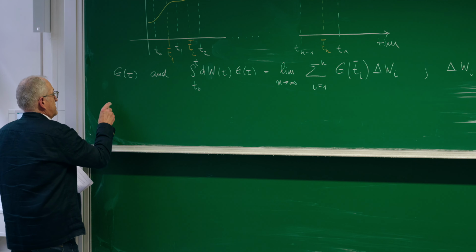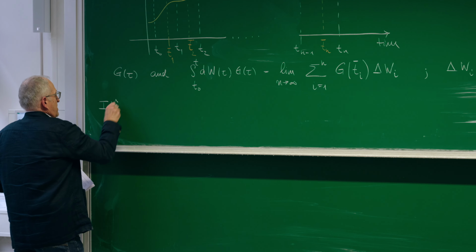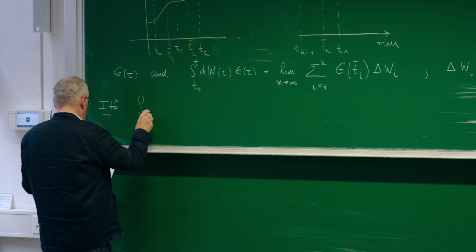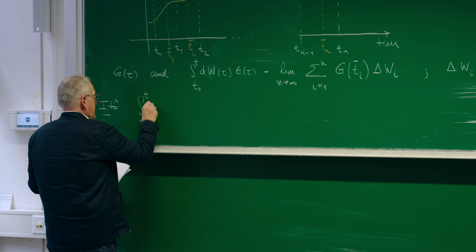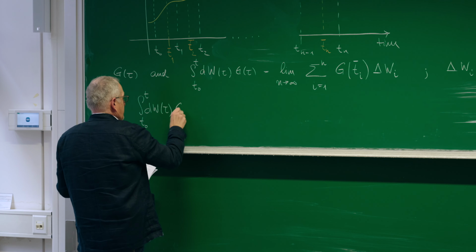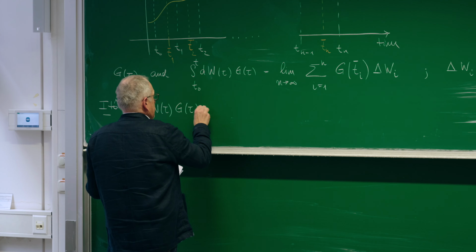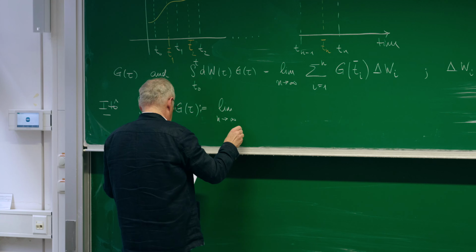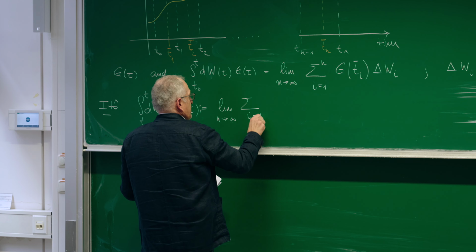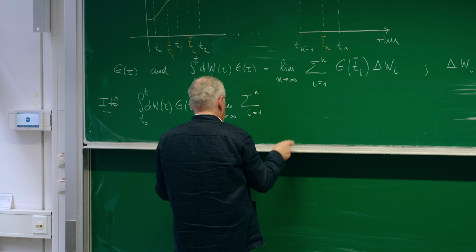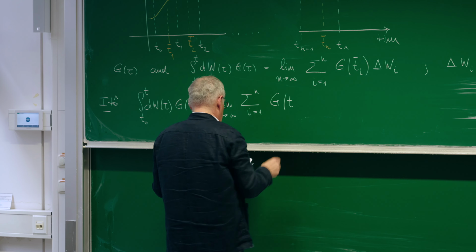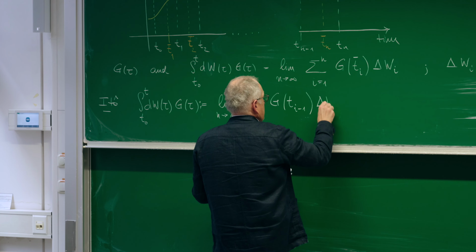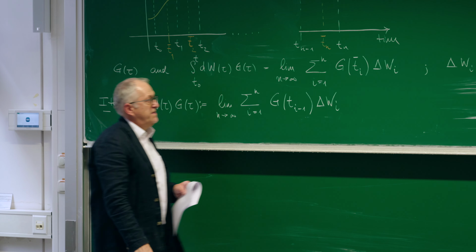Okay, there's two different integrals I can define. One is the Ito integral. There I'm saying that I'm choosing my intermediate points in this calculation such that I'm defining this to be the limit summing over all the time points, and I'm choosing the function at ti minus 1 times delta wi.